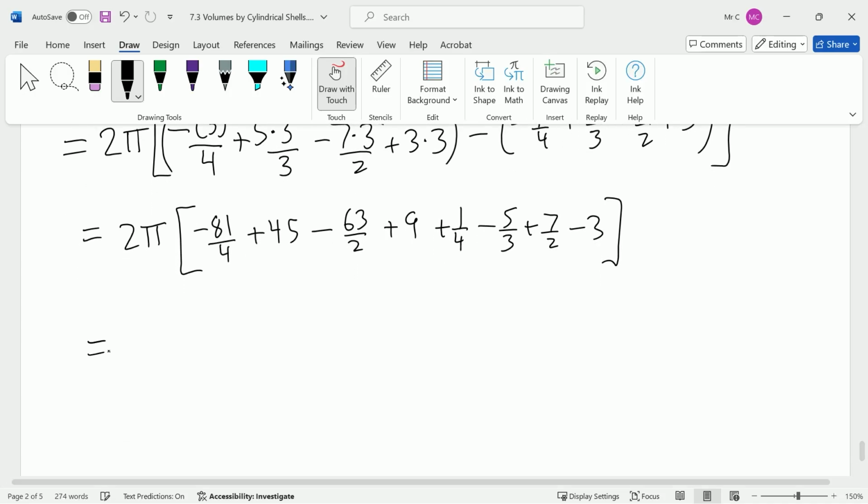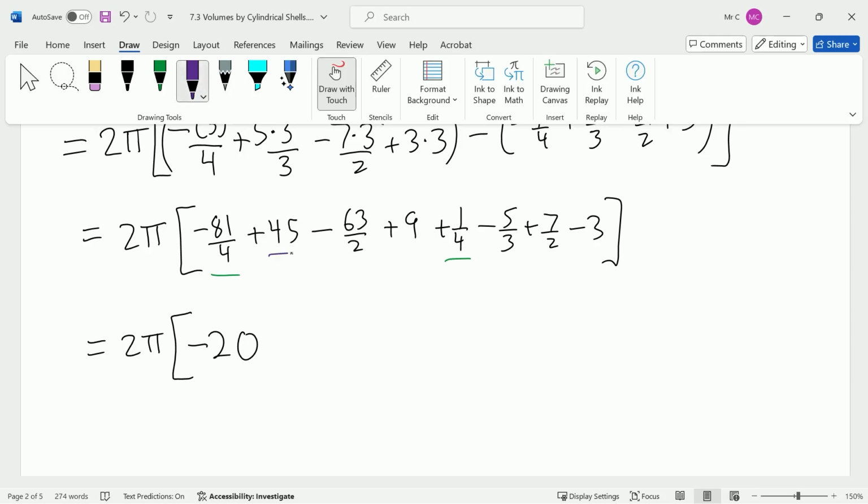And then we'll try to clean that up a bit. 2 pi times. Okay, we've got negative 81/4 plus 1/4. That's negative 80 over 4, which is negative 20. And then let's do all of our whole numbers. 45 plus 9, that's 54. Minus 3, that's 51. Then we've got negative 63 halves plus 7 halves.